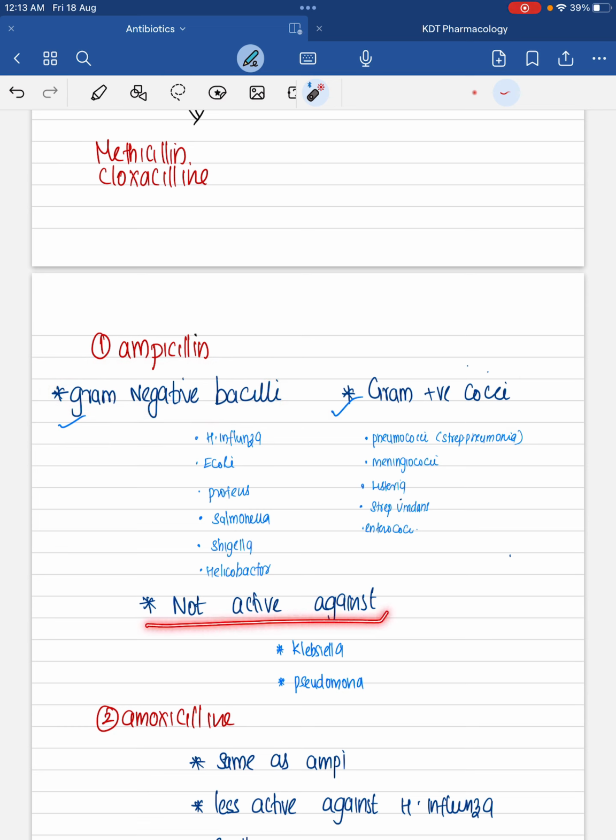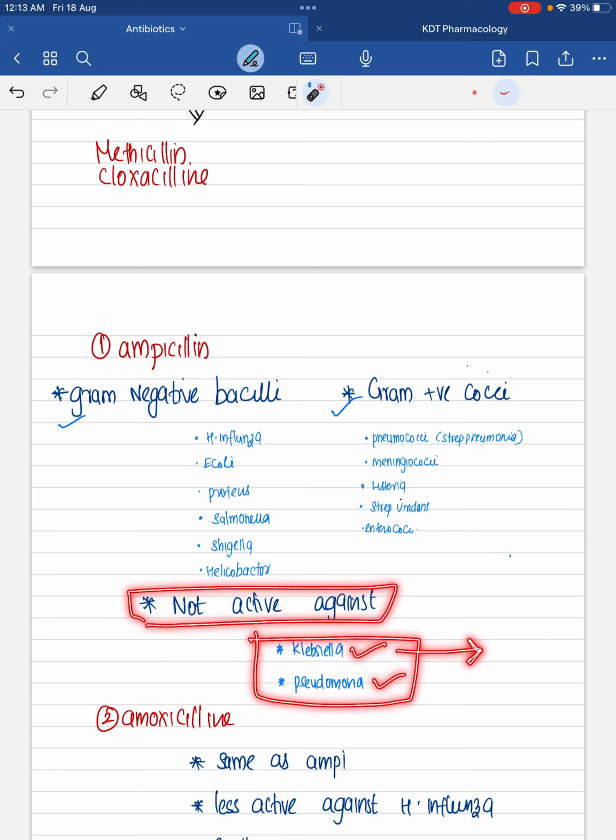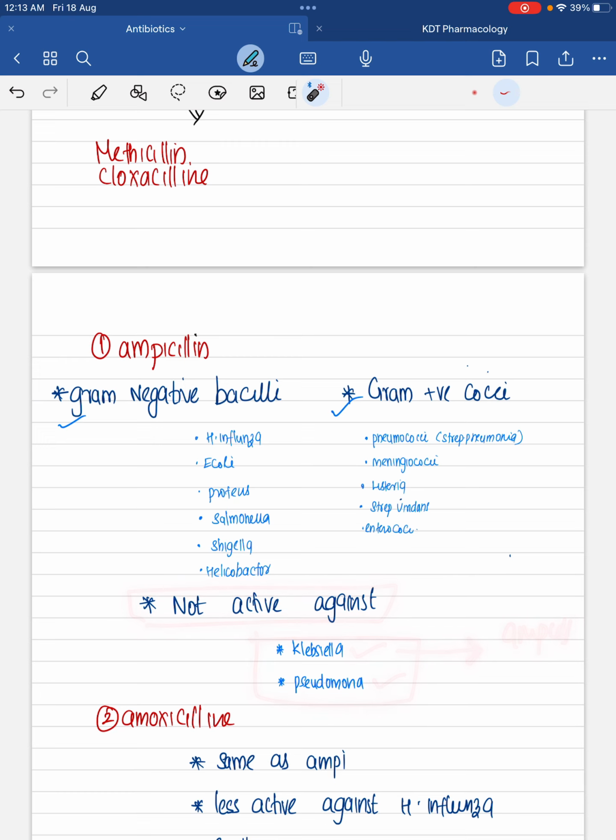They are not active against Klebsiella and Pseudomonas. Even though they are gram negative, Klebsiella and Pseudomonas cannot be attacked by ampicillin, but they are active against other gram negatives like Haemophilus, E. coli, Proteus, Shigella, Salmonella, Helicobacter.